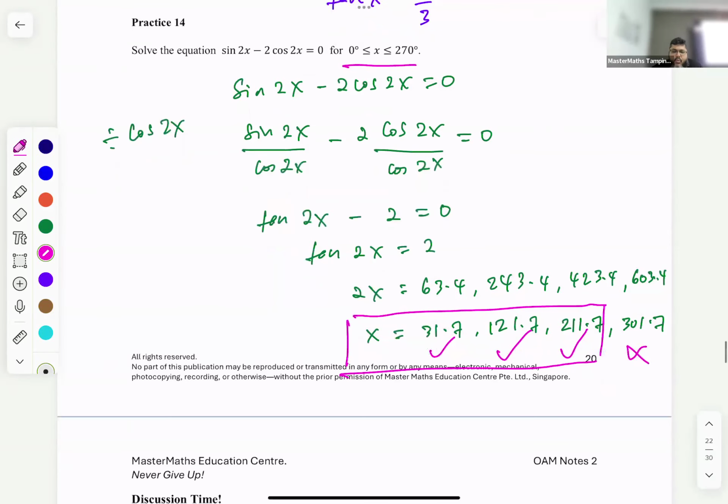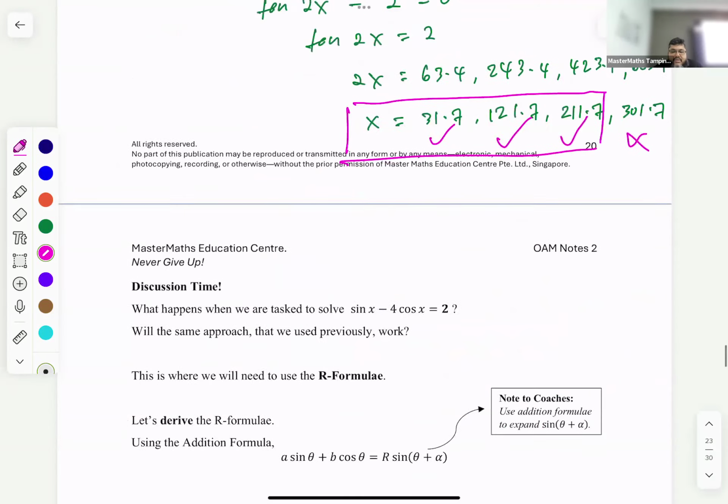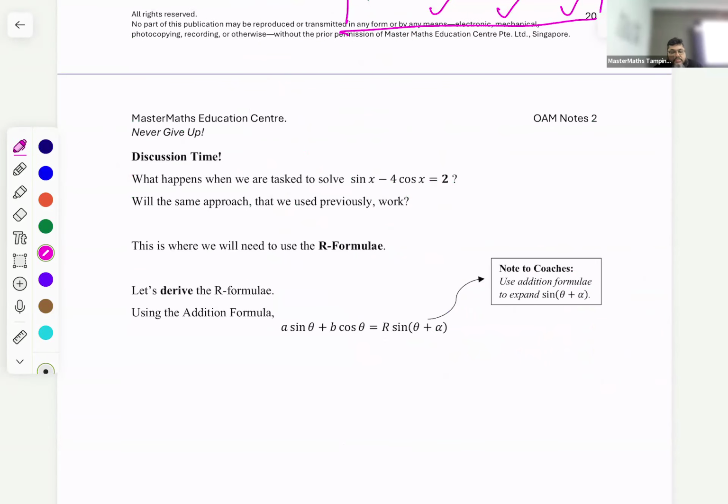Now, what happens when you are tasked with something equal to 2? It's not going to work because, you know why?